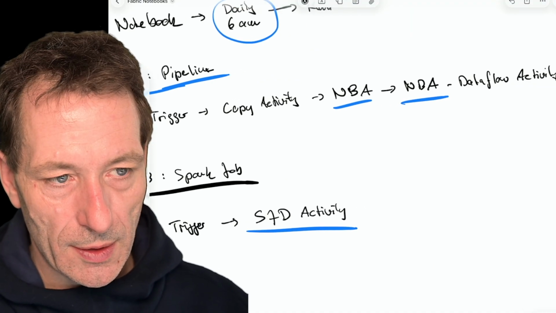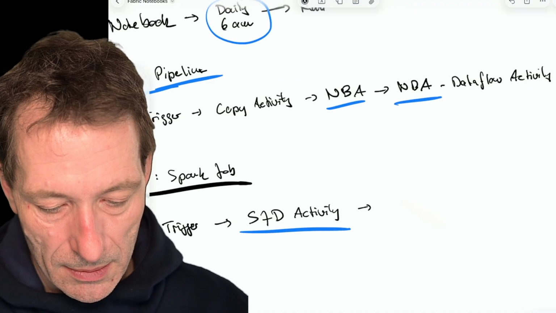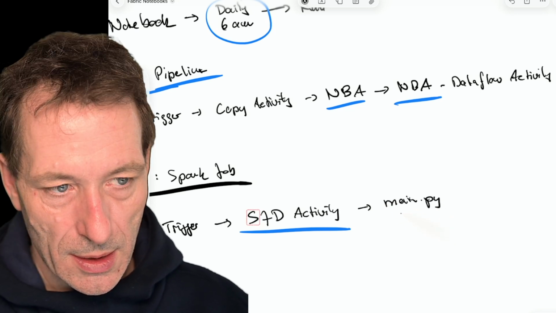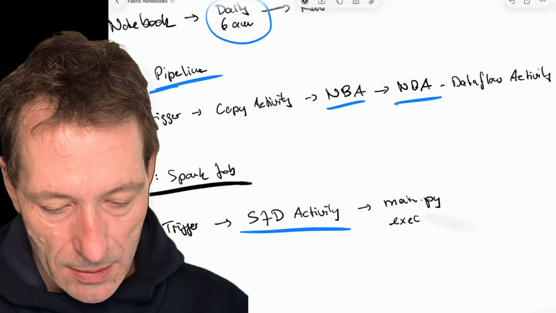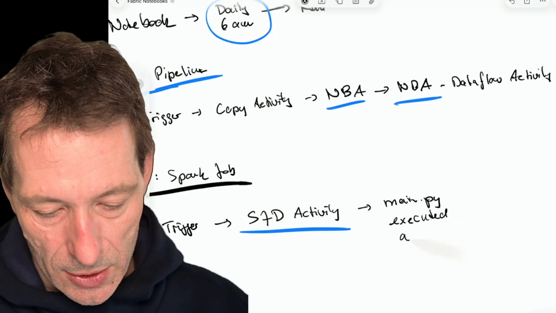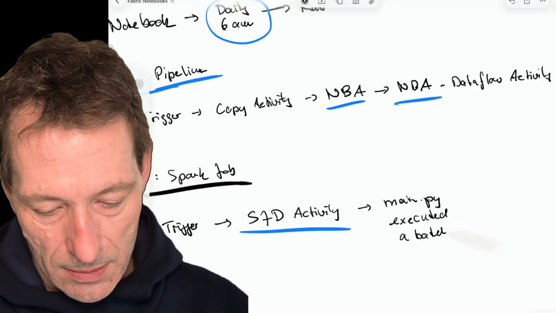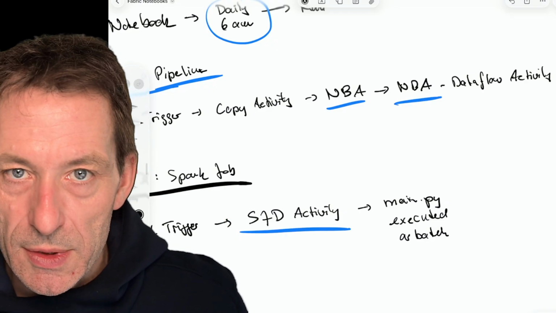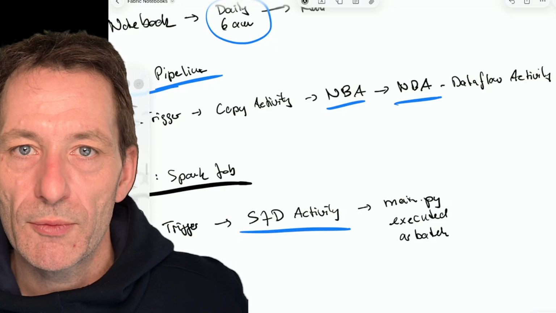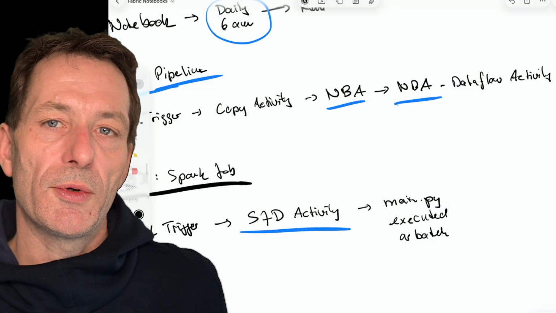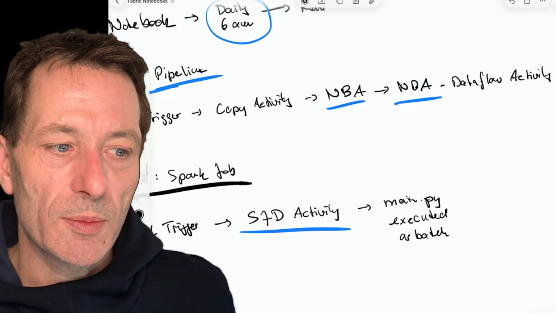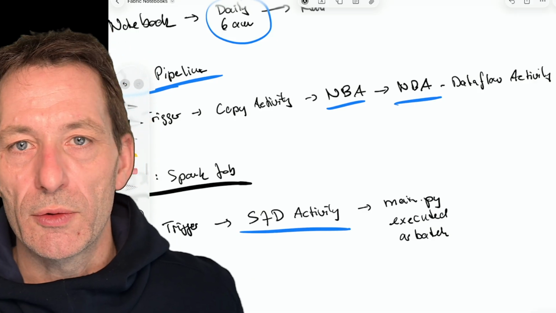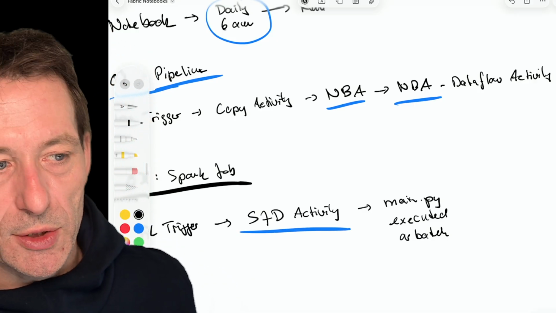And that means that main.py is executed as batch. So when to use what? Built-in schedule, simple, straightforward. Data pipeline for more complex orchestration with some dependencies. Spark job definition for production batch jobs to reduce the overhead as much as possible.